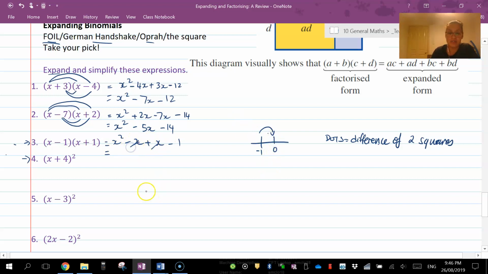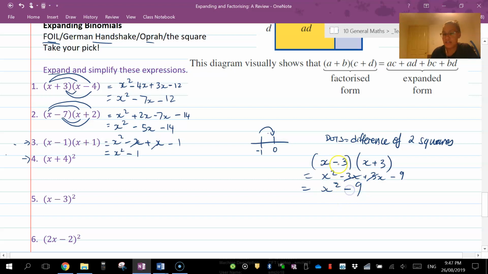These two, we don't write x squared plus 0 minus 1. That has no impact on the equation, but you'll see that it's x squared minus 1. Now if this was also, say, x minus 3, x plus 3, x squared, 3x plus 3x minus 9, x squared minus 9.